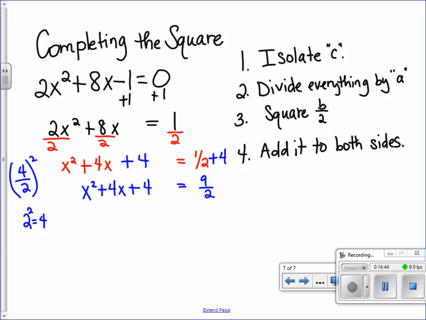So this factors down perfectly to x plus 2 squared. That's the whole reason we've done all these steps. Then our last step is we're going to use square roots to solve.